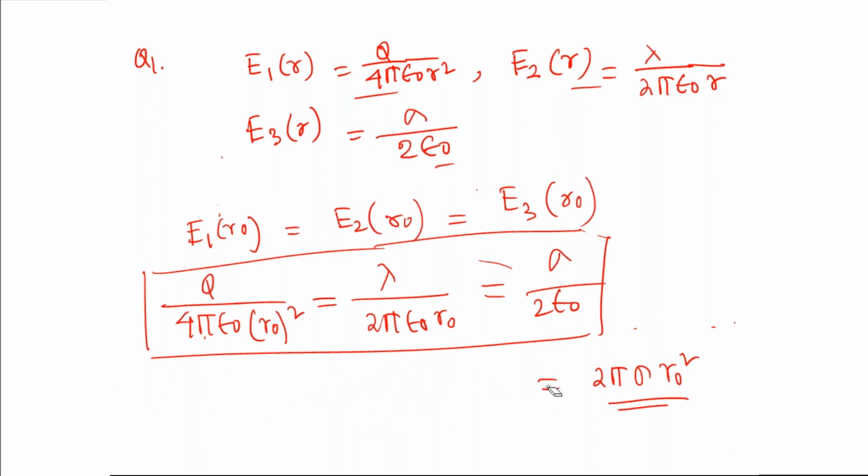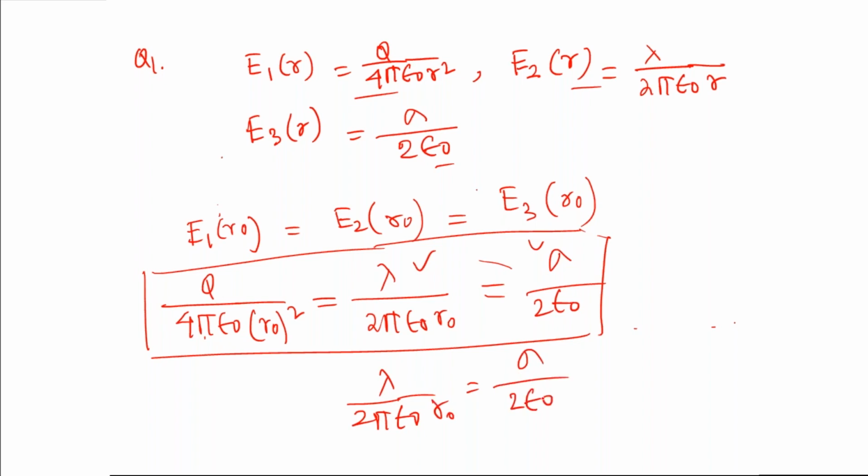So I'll just take these two. Then I have to find out R0, right? So look here, lambda by 2 pi epsilon naught into R0 is equal to sigma by 2 epsilon naught. So 2 epsilon naught I'll just cancel from here. What I get is R naught is equal to lambda divided by pi into sigma.